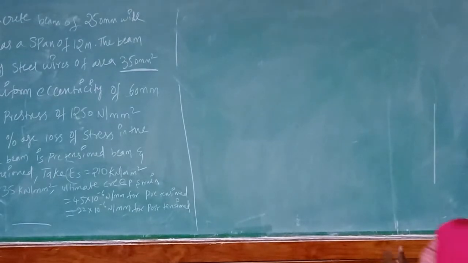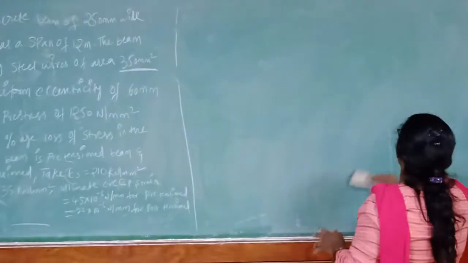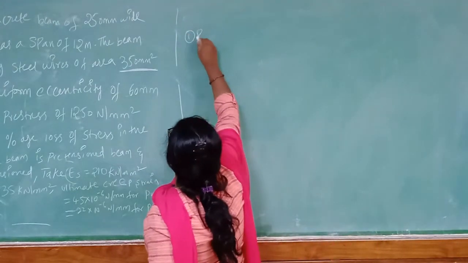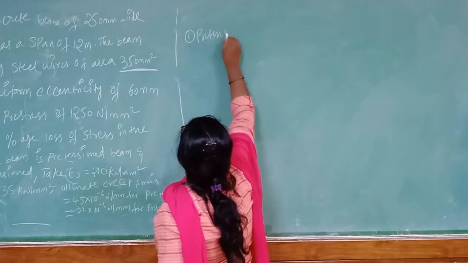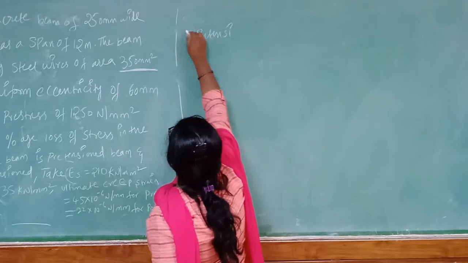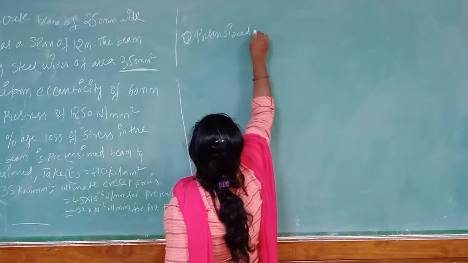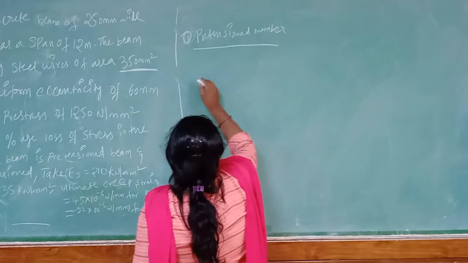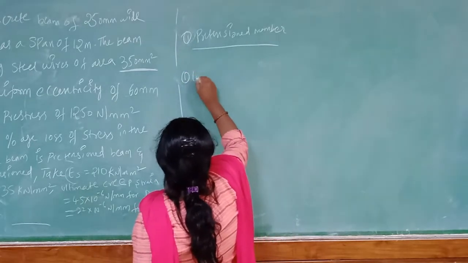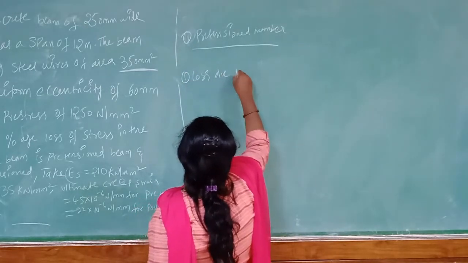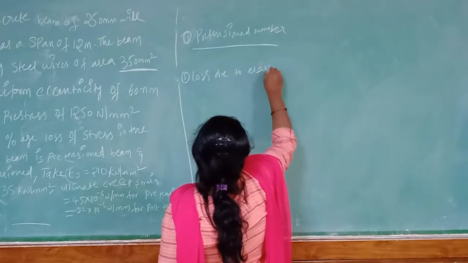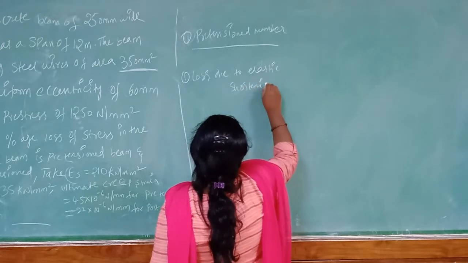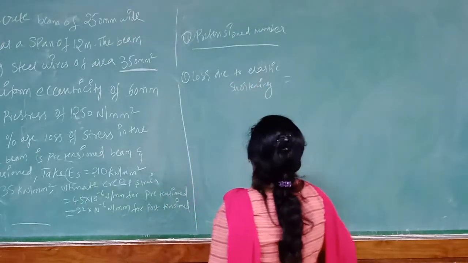Next we will solve the losses which occur in the pretension member. First we will deal with the pretension member. What is the first loss? Loss due to elastic shortening.